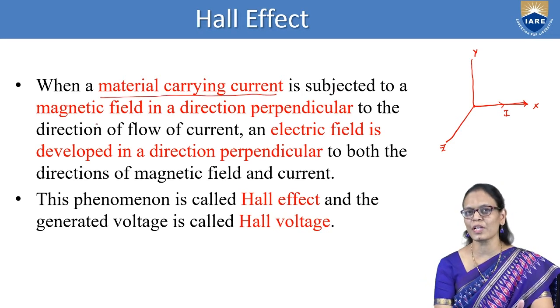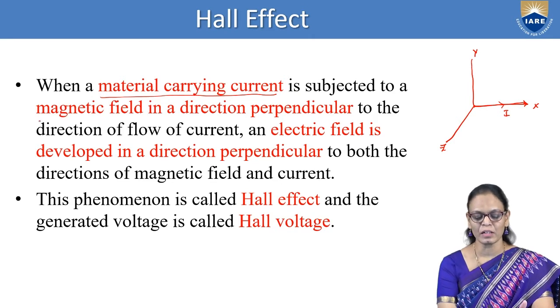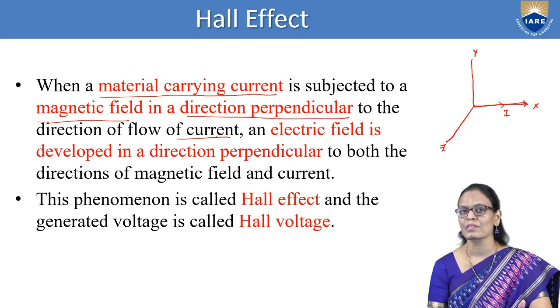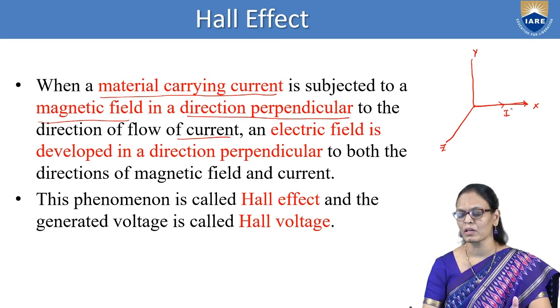Now this is subjected to a magnetic field in a direction perpendicular to the current. So we have to subject this semiconductor to a magnetic field in a direction perpendicular to the flow of current, meaning we can apply the field along the Z direction. So these two are perpendicular to each other.